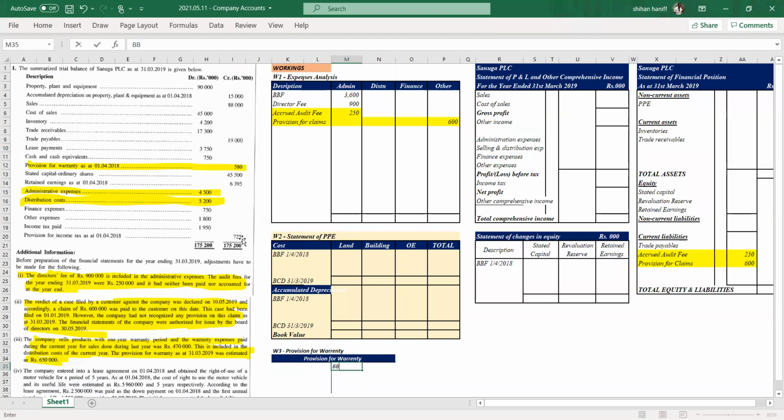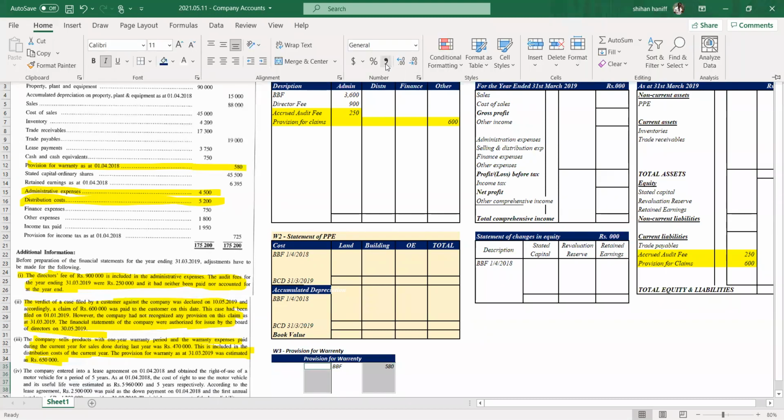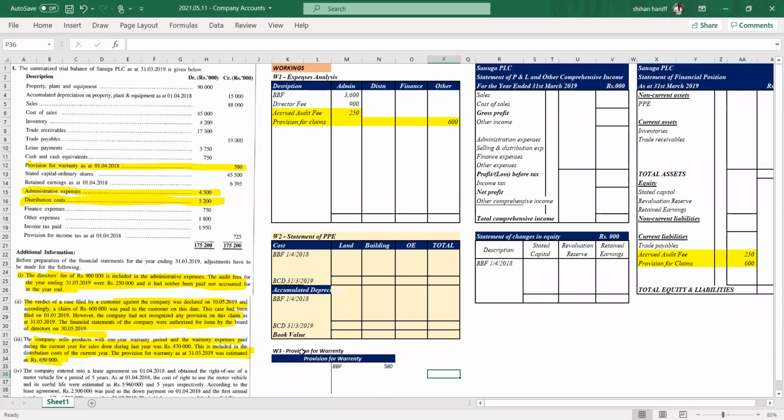It has an opening credit balance of 580.